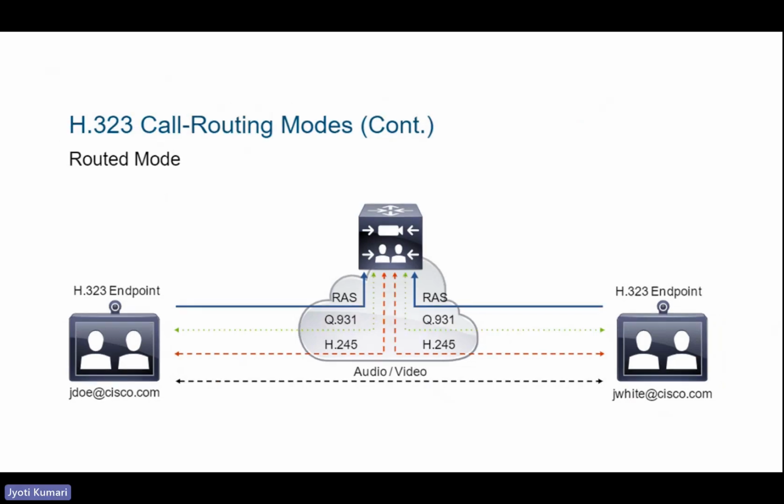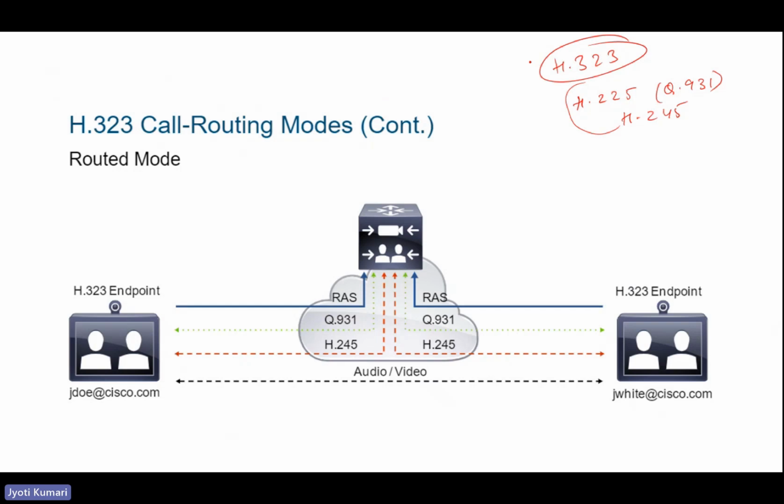Then we have routed mode. In call routed mode, it requires all the TCP signaling to route through the Expressway C, including the RAS messages, H.225, which is also called the Q.931 protocol, and H.245 for negotiation. So these are all protocols that comprise the H.323 framework.